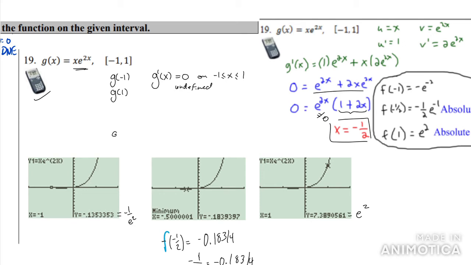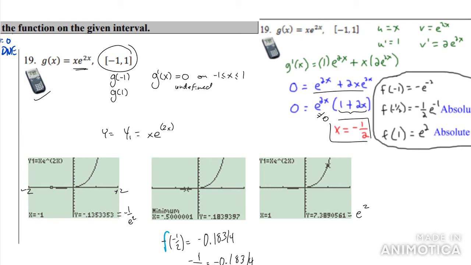So if you go to y equals, and you have y1 equals x e to the 2x, and then you graph it. I've set my window here, so this is -2 and this is +2. Once you plug it in, you'll see that it gets really small, but I'm also doing it on my interval, between -1 and 1.